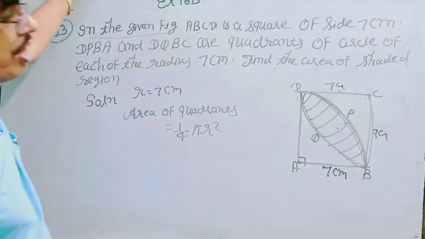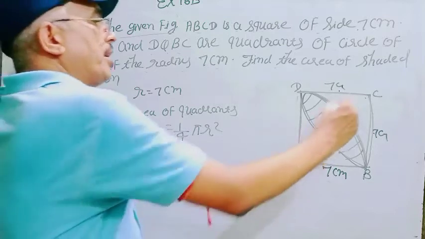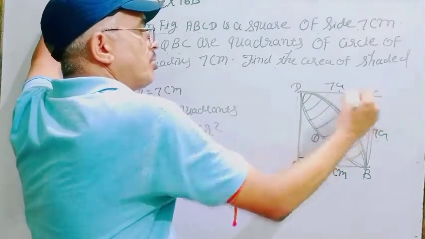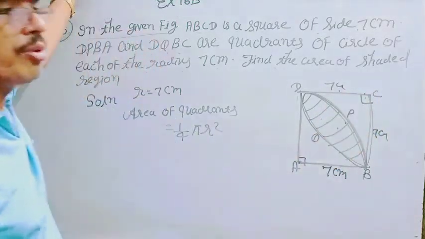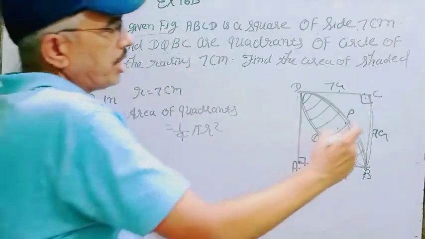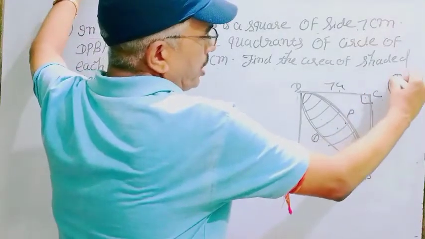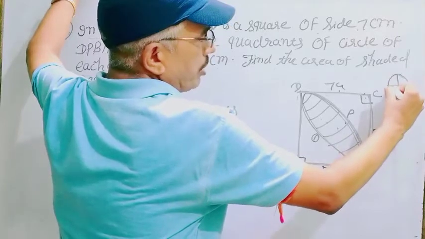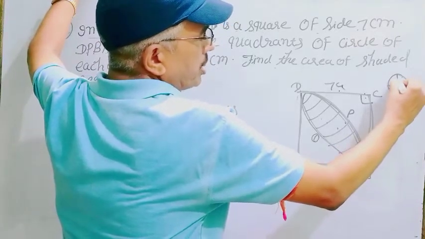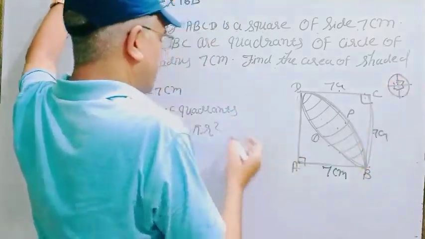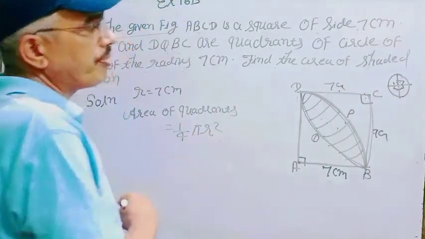The quadrant is also a sector, but its central angle is only 90 degrees, then it is called a quadrant. That means a circle is divided into 4 equal parts, then each part is known as a quadrant because the angle is 90 degrees. So we can say it is equal to 1/4 pi r square.